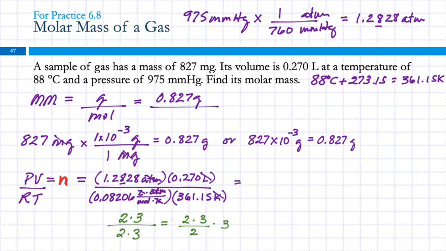What I prefer to do is I see this as being the same as 2 divided by 2 times 3 divided by 3. Students don't tend to like that. So 2 times 3 divided by parentheses 2 times 3. Now what do you get?